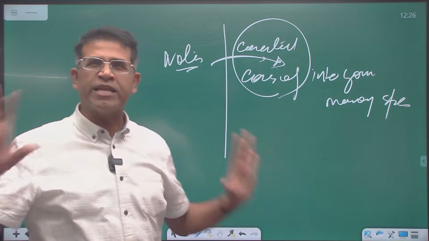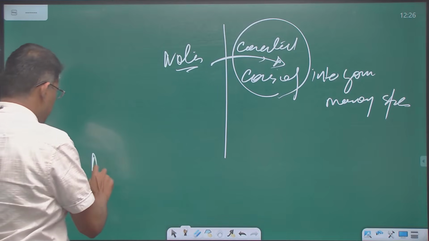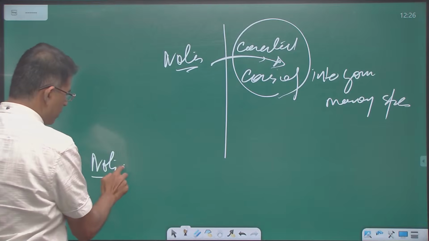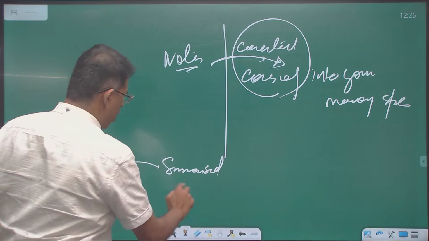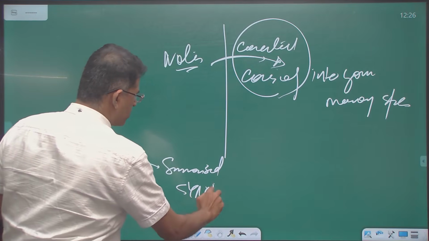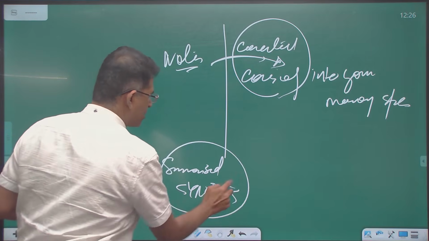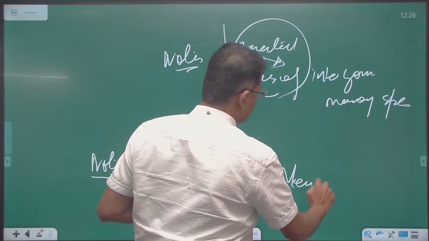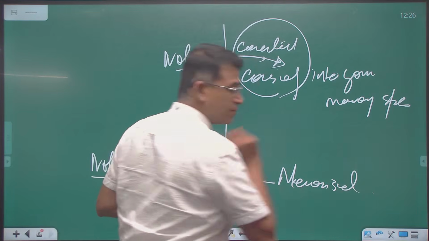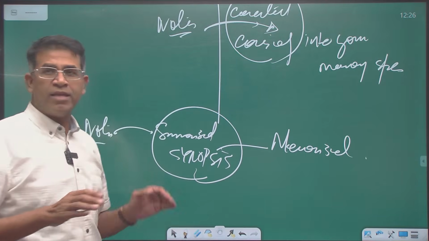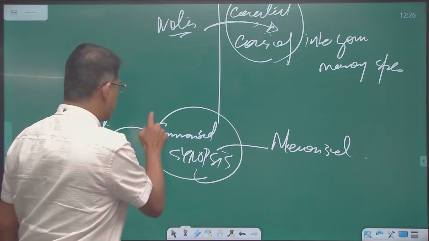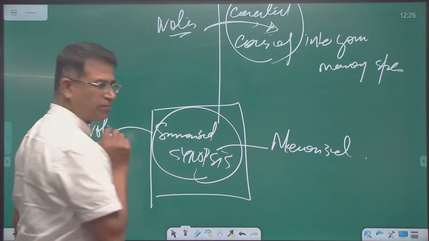My experience tells me you must have notes. The notes must be summarized, what we call as synopsis. And the synopsis has to be memorized. But after all these years, increasingly, I find students are not happy with this work.